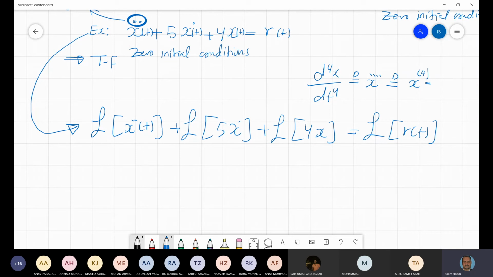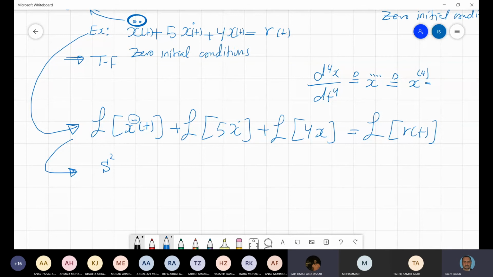The first one here, who can help me with the Laplace transform for the second derivative? Doctor, me, please. Now we want to transform it, so we put S squared, the power of the derivative, correct?